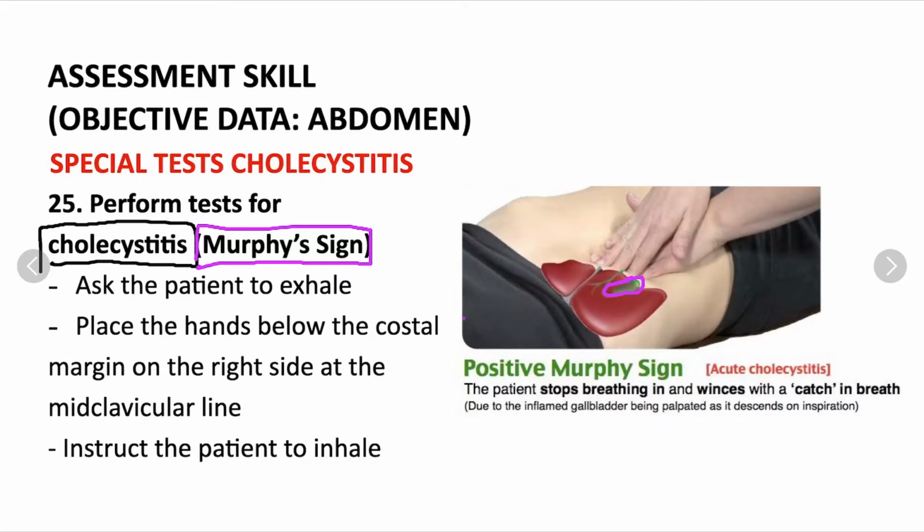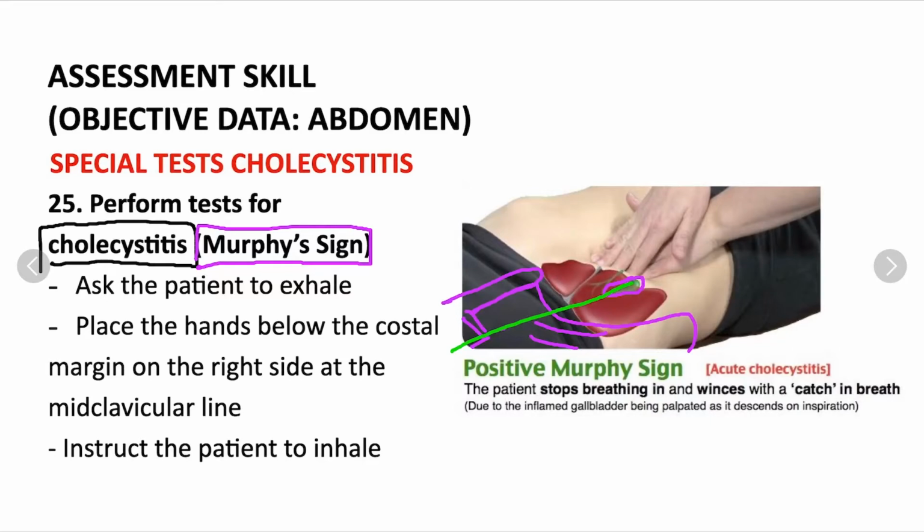This is your clavicle, for example, this is your costal margin, the rib cage, this is your sternum, and this is your mid-clavicular line. Place your hands on the side and ask the patient to inhale suddenly.